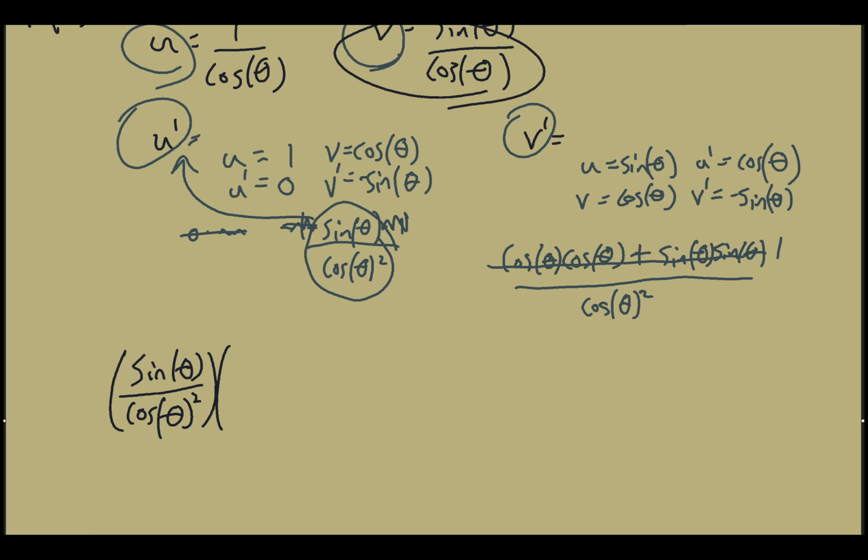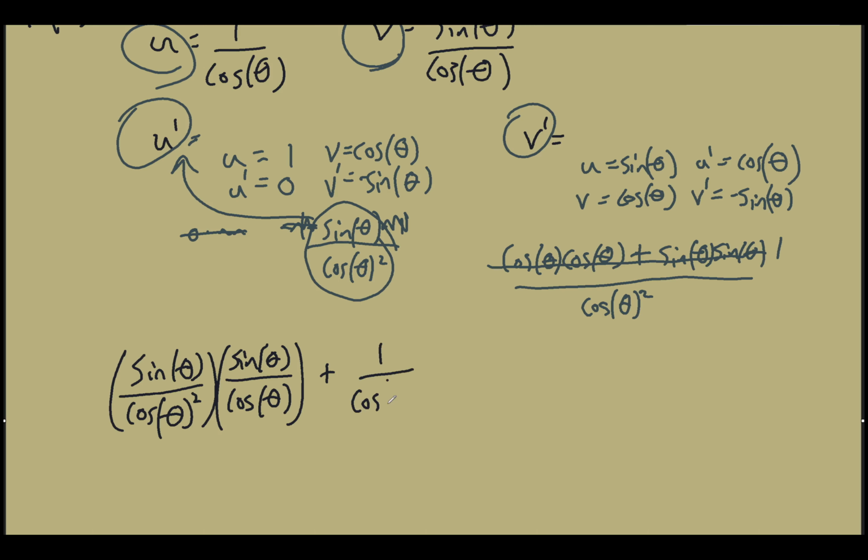It's a tangent, right? So that's a sine over a cosine. Plus v prime, which we found over here is 1 over cosine theta squared, times u, which is 1 over cosine theta.